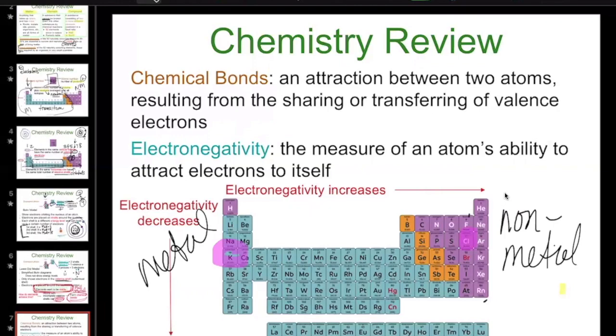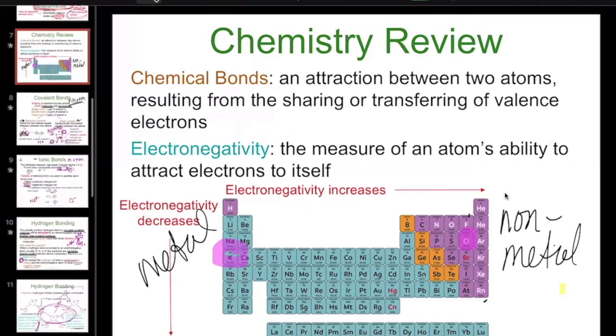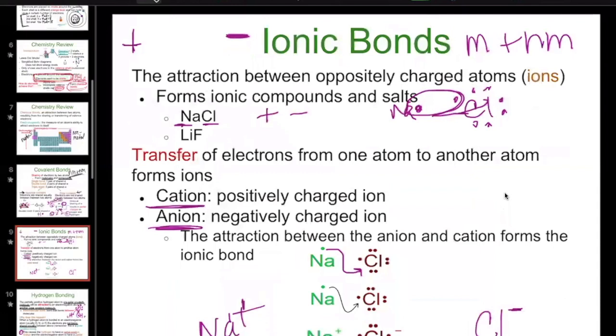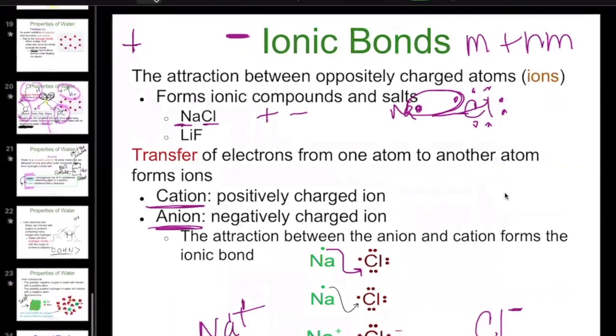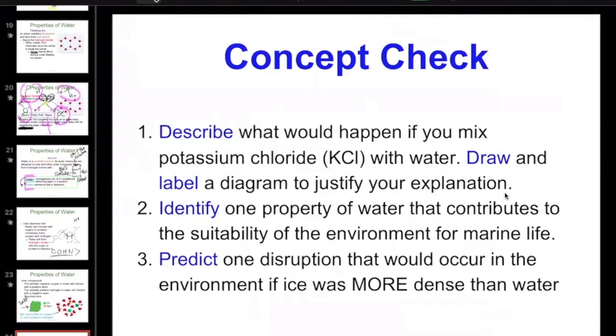A metal and a nonmetal form an ionic bond. Okay, and so that's where you're coming from when you're answering this question. You've got to think about the way they're bonding. So what do you think is going to happen when you put them in water? Okay. And when it says to draw and label a diagram, that's what you're doing. You're drawing and labeling molecules, basically, like what we've been doing.